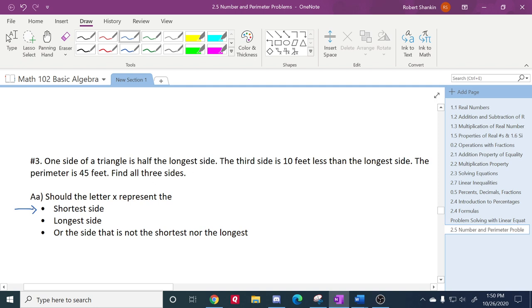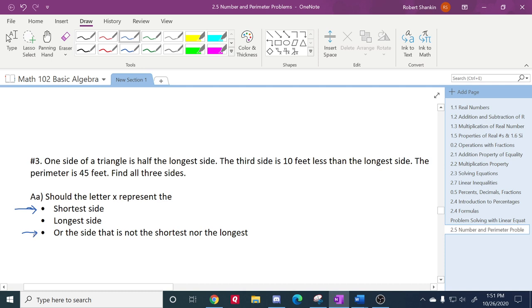Anybody have any other ideas besides the shortest side? I'll leave that out to anybody. X should be the side that is not the shortest or the longest. You think it should be this one down here? Yes.